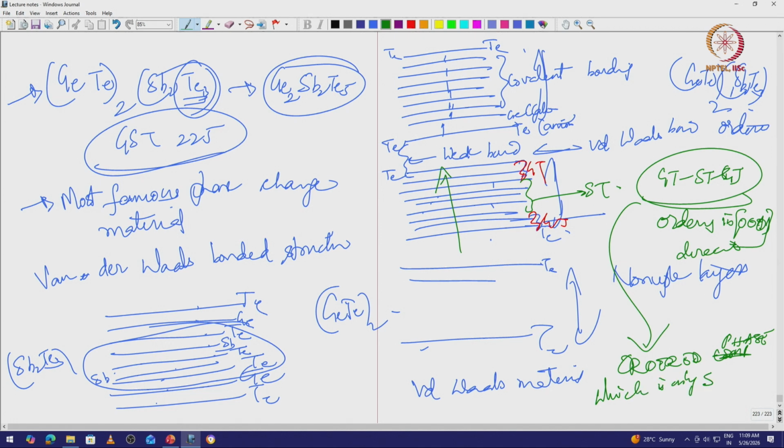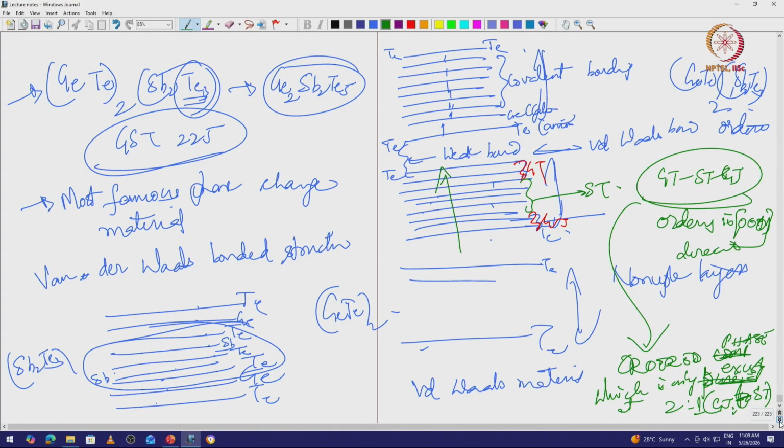which is pure, which only exists rather at 2:1 GT to ST ratio, GT is to ST. Okay. So, any other ratios, well, I will have some segregation that is happening, right.